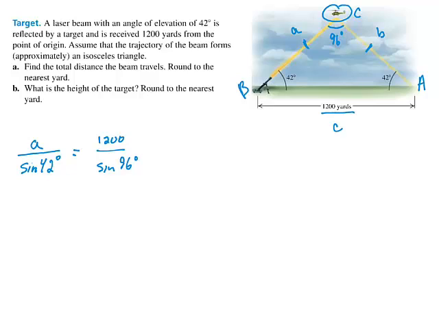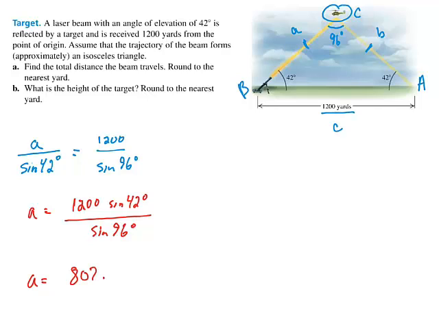Multiplying both sides by sine of 42, I get A equals 1,200 sine 42 degrees divided by sine 96 degrees. And doing so, I get about 807 yards. 807.379, let's call it.